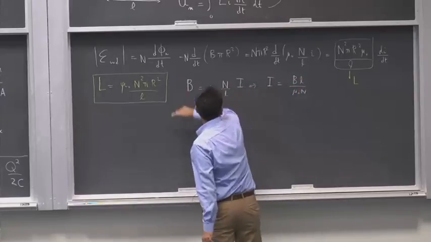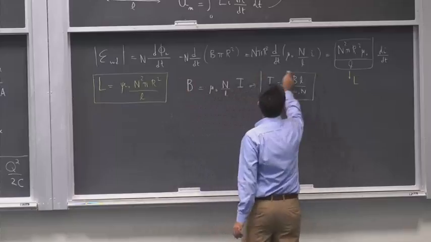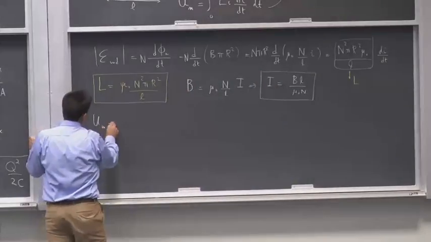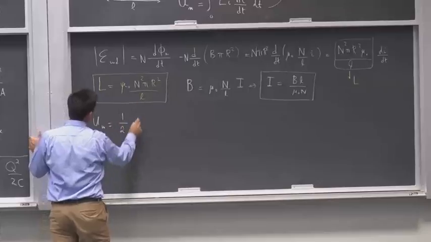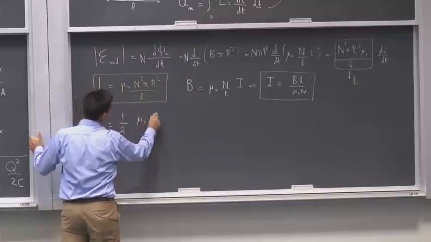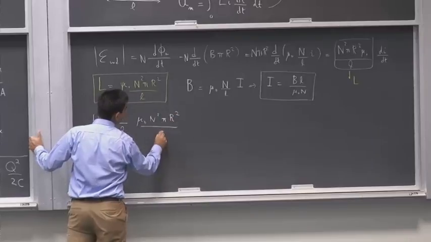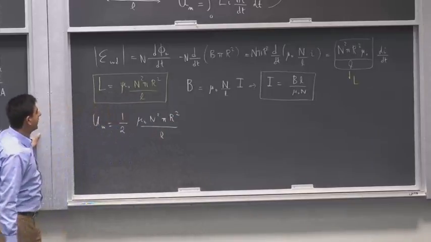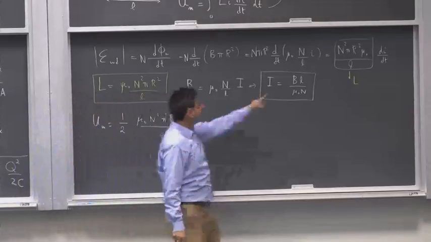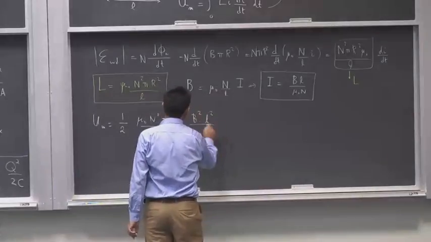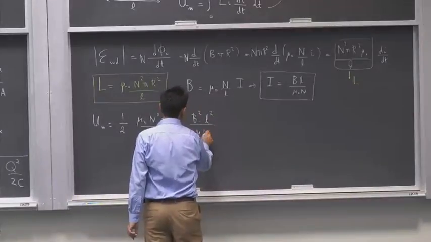This is my I. Now I have the energy inside an inductor, that is half L I squared. My L is mu naught N squared pi R squared over L. And my I squared, the square of this object, is B squared L squared over mu naught squared N squared.